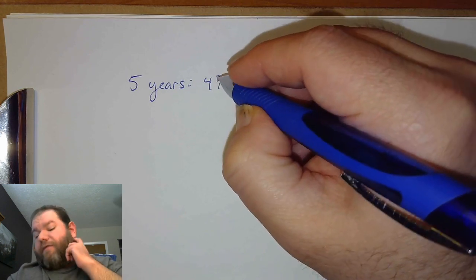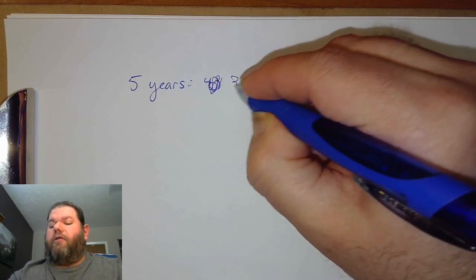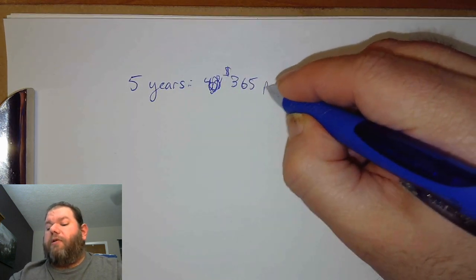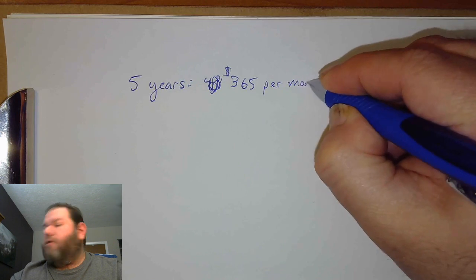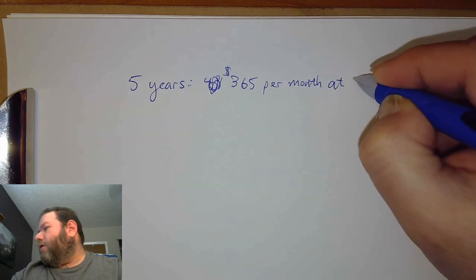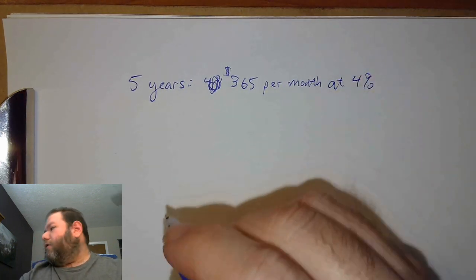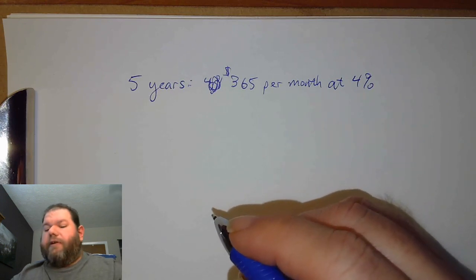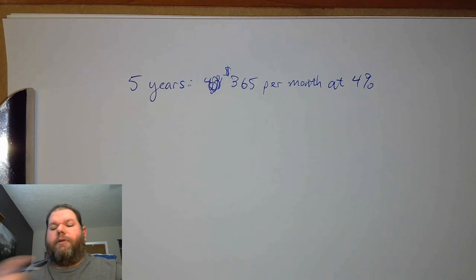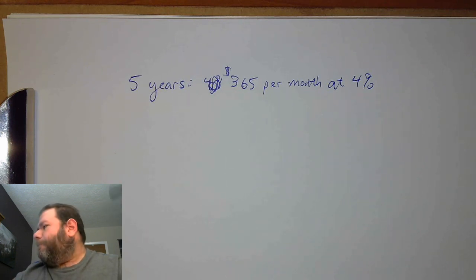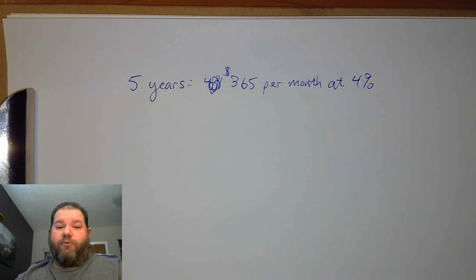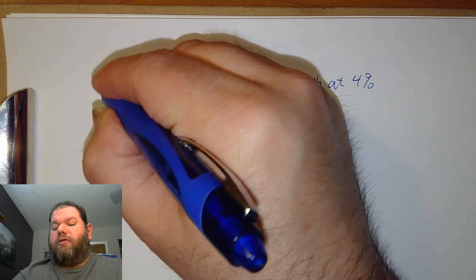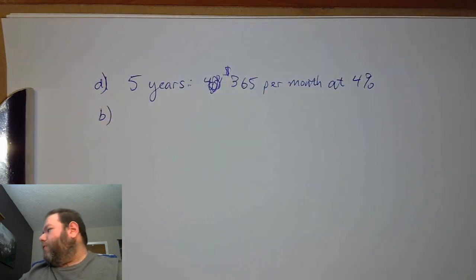Oh, sorry, $365 per month at 4%. Yeah, in this case, because we're depositing money, this will be the future value. Yeah. This is actually 2 problems in one, though, because there's really 2 parts we're looking at here.